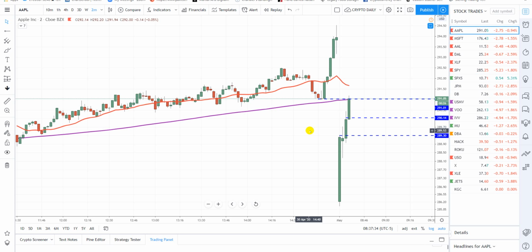Okay, about 25 seconds left. And then we'll close out the video. I don't want to sit here and watch paint dry, but maybe the 20 is going to be the next target.